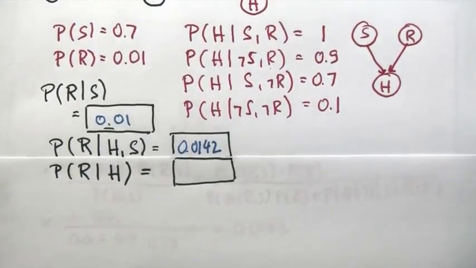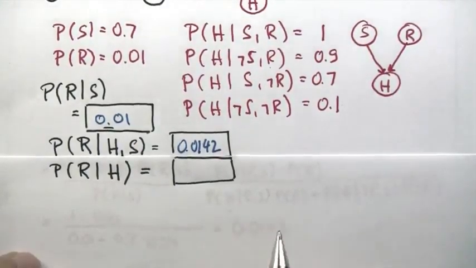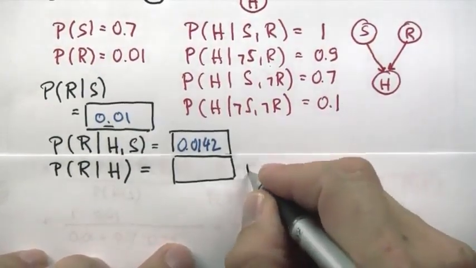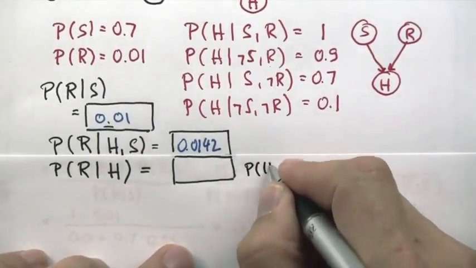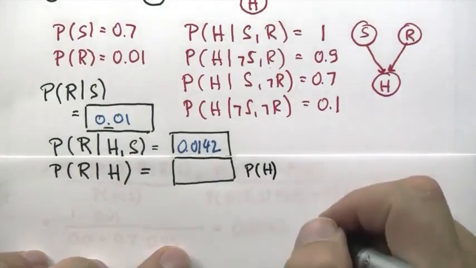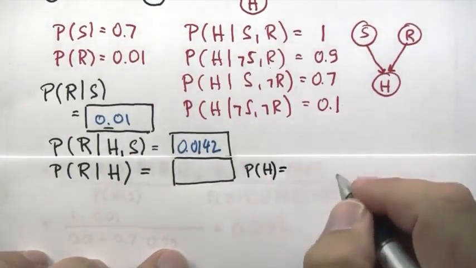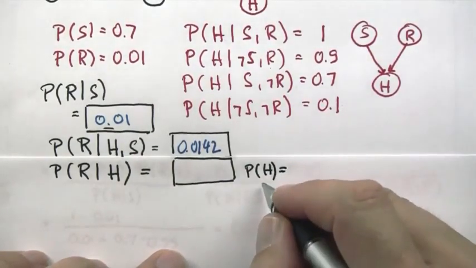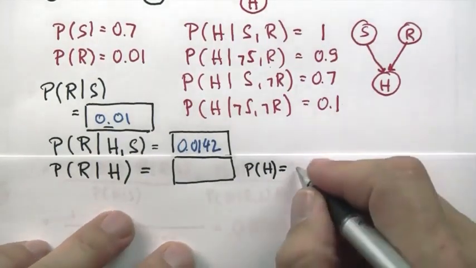Let me compute an auxiliary variable, which is P of happiness. That one is expanded by looking at the different conditions that can make us happy.